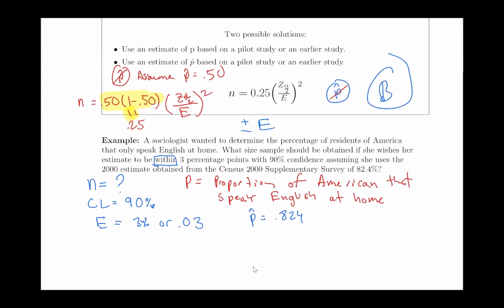Since I know p hat is equal to 0.824, we're going to use formula A. So n is equal to p hat times 1 minus p hat, and then Z alpha divided by 2 divided by the margin of error, squared.